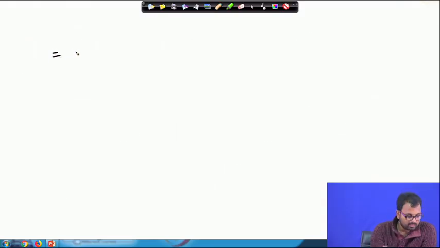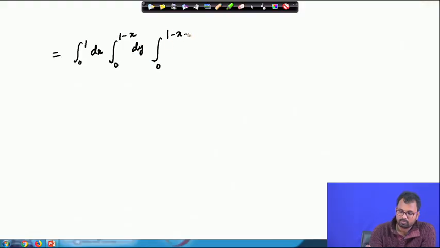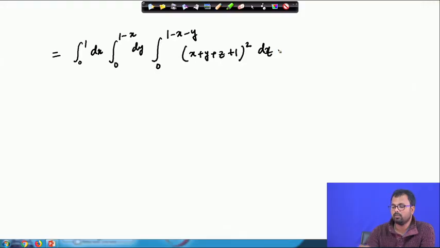So this is basically integral from 0 to 1 dx, integral from 0 to 1 minus x dy, and then integral from 0 to 1 minus x minus y, x plus y plus z plus 1 whole square dz. All right.